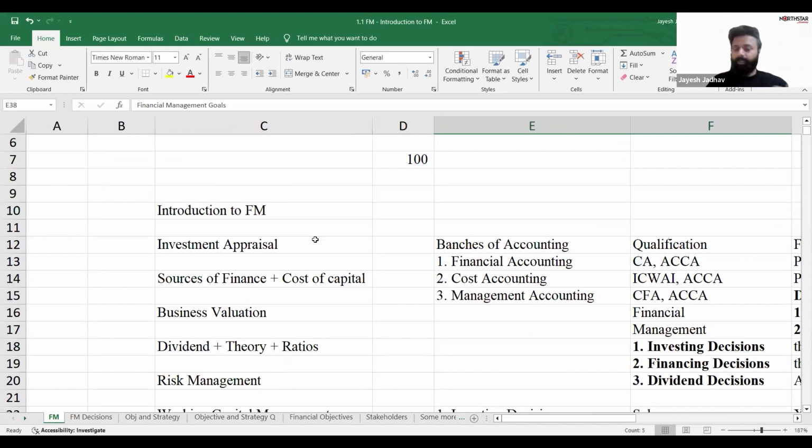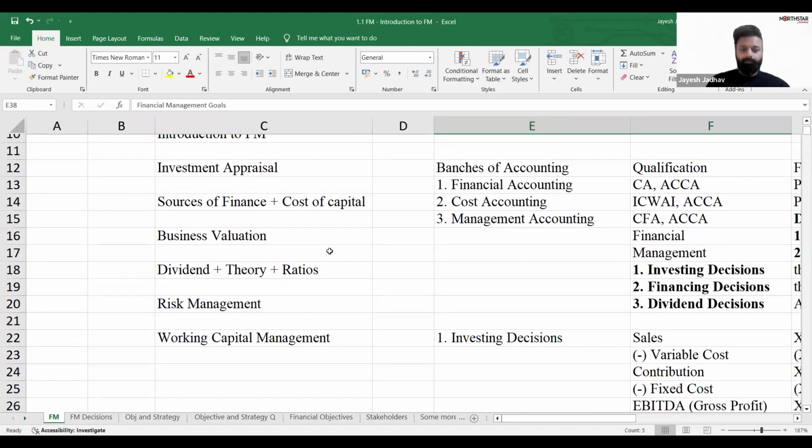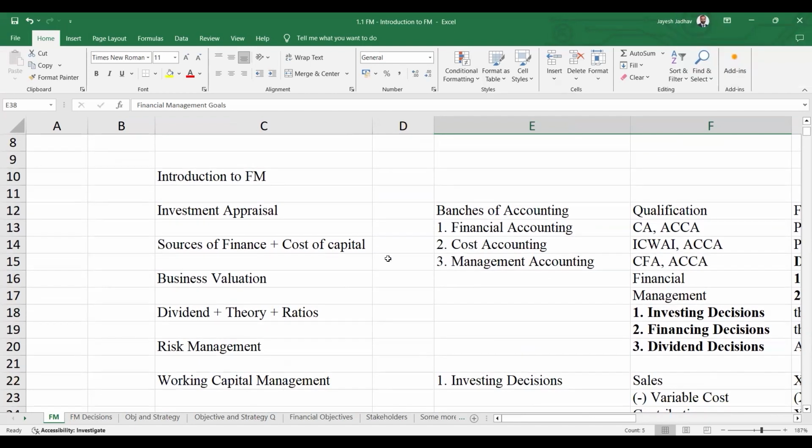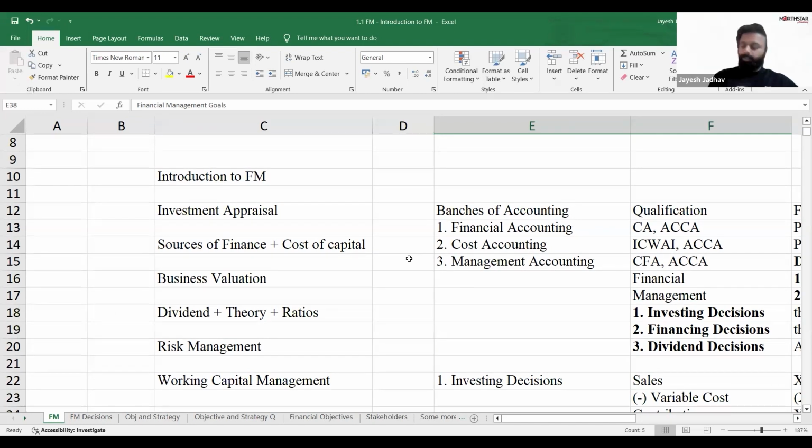What is the difference between profit maximization and wealth maximization? I just explained it. Profit maximization is a short-term strategy, and wealth maximization is a long-term strategy. So what does profit maximization focus upon and what does wealth maximization focus upon?